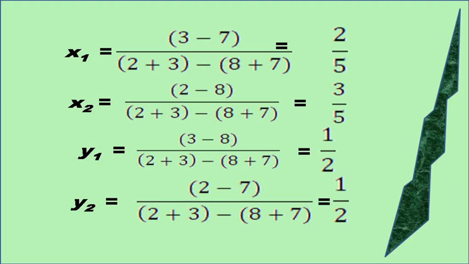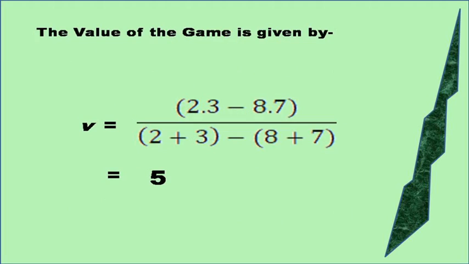So we have the optimal mixed strategies, that is x1, x2 for player A and y1 and y2 for player B. Again, by using the formula, we calculate the value of the game by putting in a11, a12, a21 and a22, and we get the value of the game as 5.